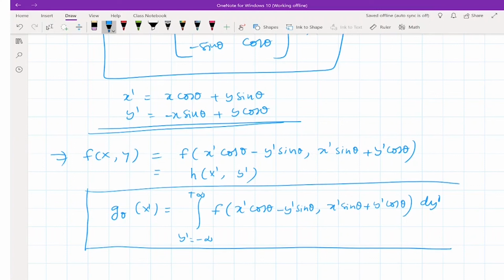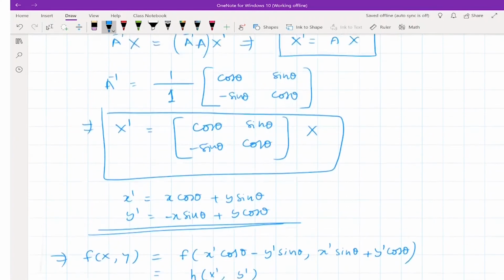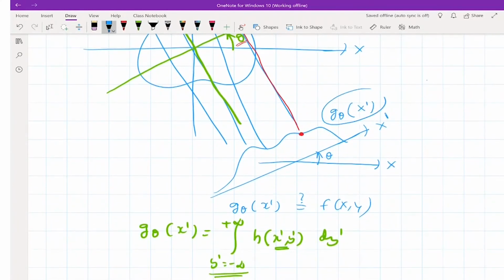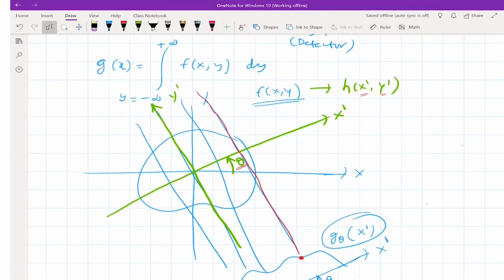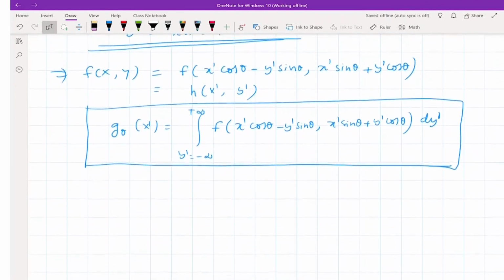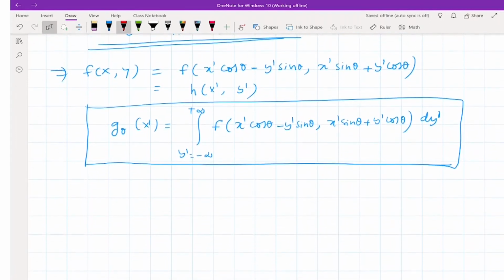That's it. This would give you the profile of g theta of x dash given your f of x comma y. And there is an important name for this: this is a very popular transformation, referred to as the Radon transform.